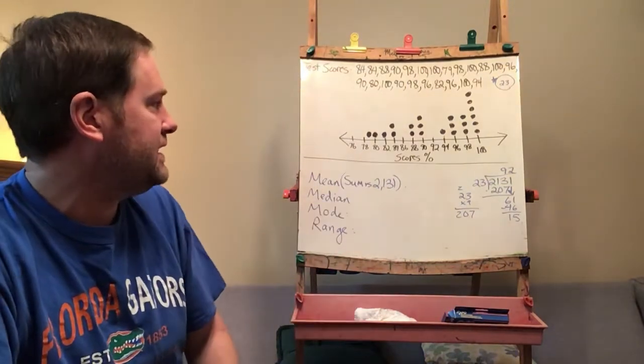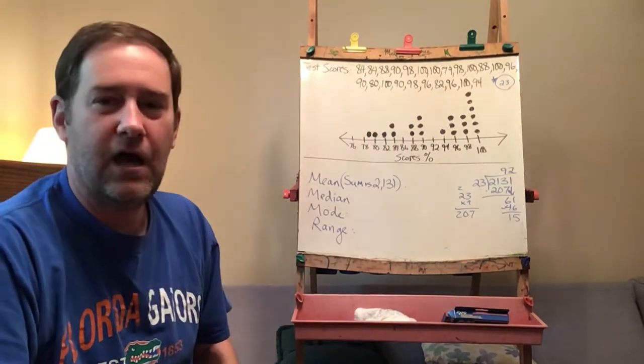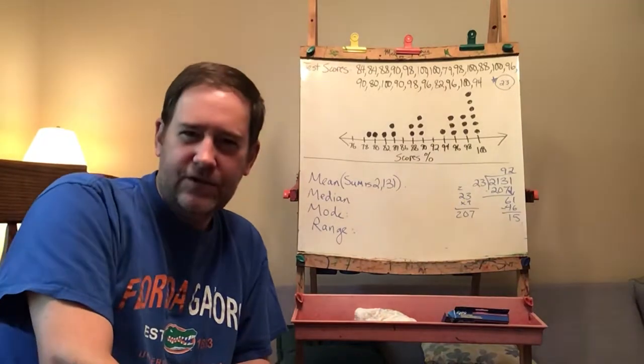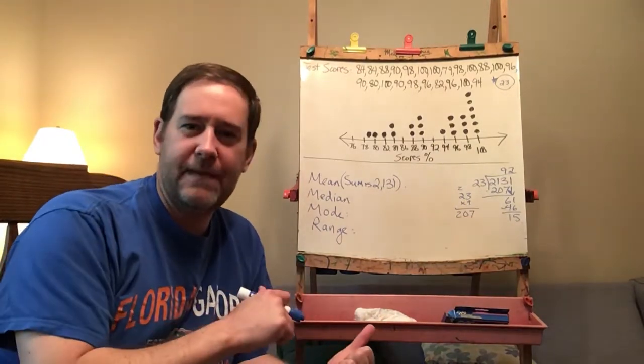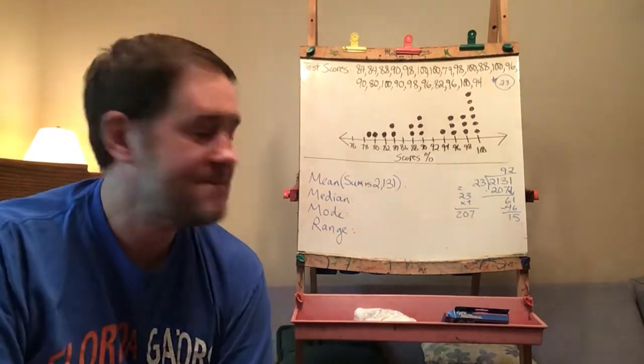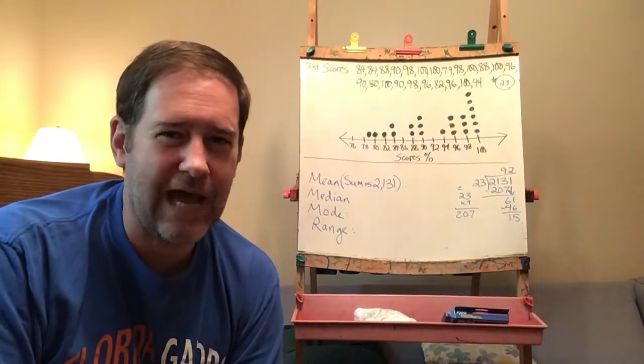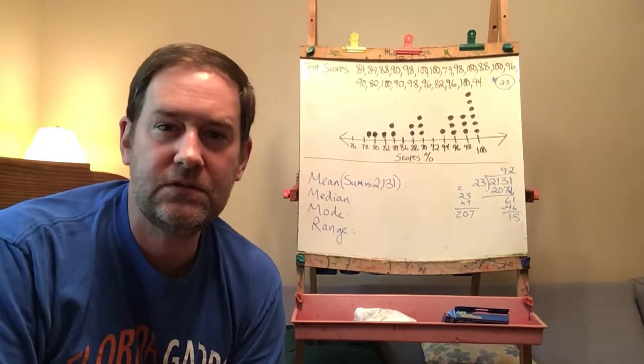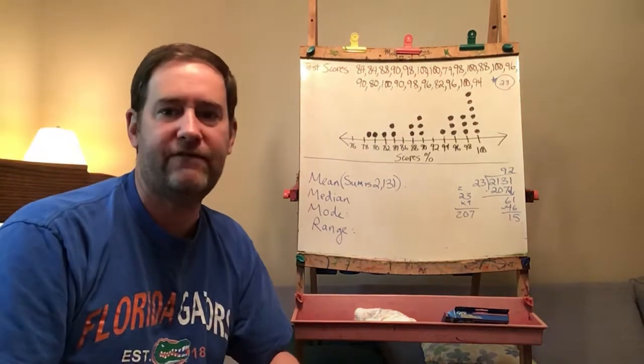You can see other things like there were some gaps in there. We didn't really talk about outliers back when we were learning about mean and median. That would have been really good to talk about. But you can see there are no outliers. Outliers are just data values that stand out and are so different from the rest.